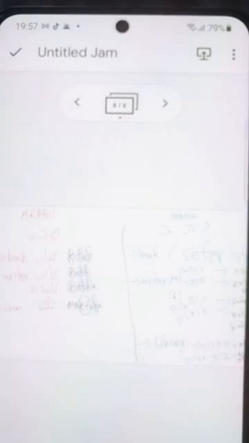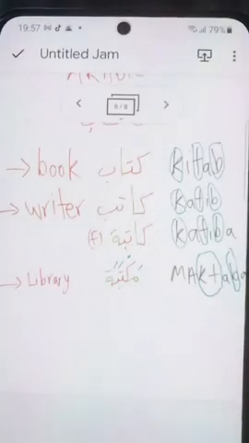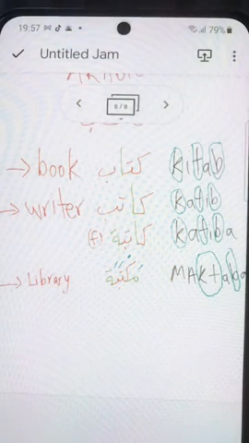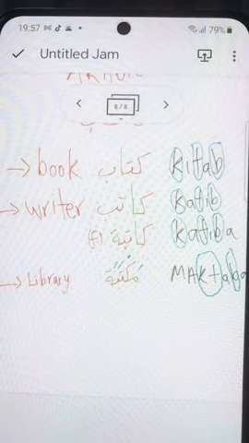So maktub, again, we have the root. In Hebrew also the root is present. But we have another word in Arabic.